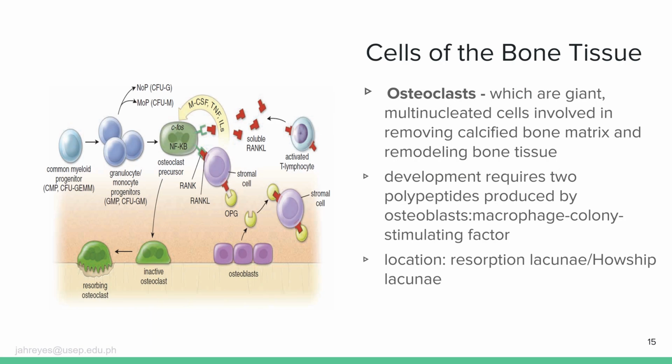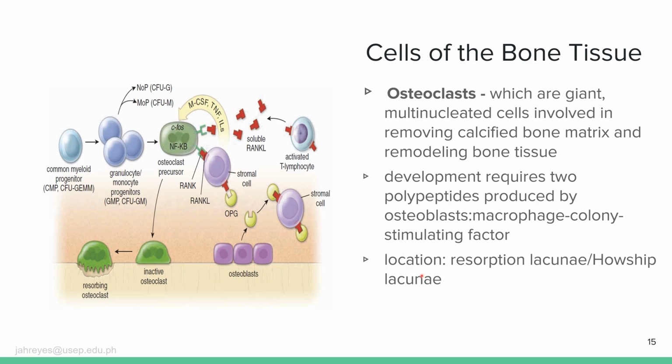The third type of bone tissue cells are the osteoclasts. They are responsible for bone resorption. In terms of morphology, they are large multinucleated cells, and they are found at sites where the bone is being removed. They also rest directly on the bone tissue where bone resorption takes place.